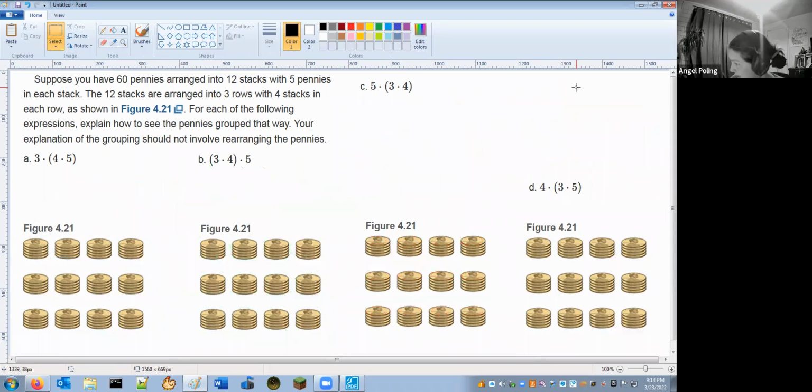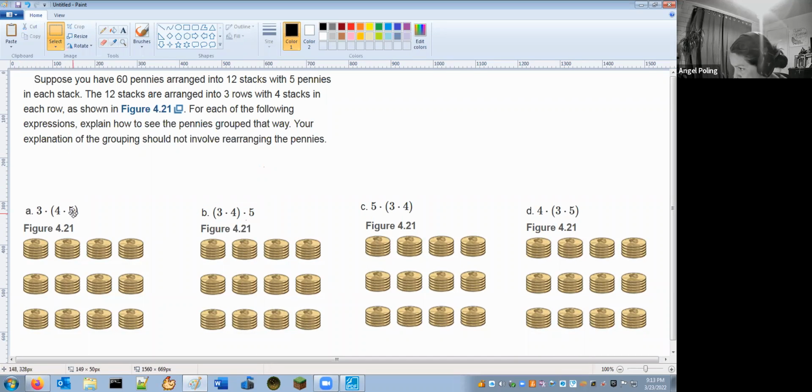So let's clear this out and write the properties down. C was definitely the most difficult for me. But lean into the definition of multiplication, right? Where we have 2 factors. The first factor is the number of groups.